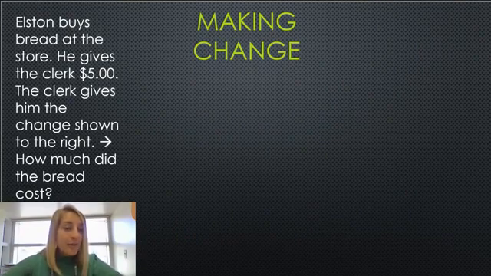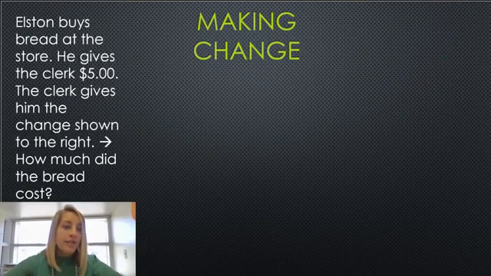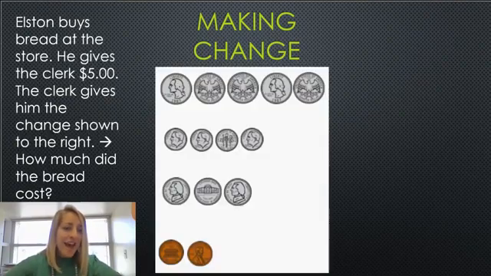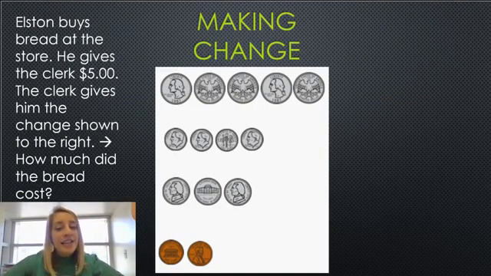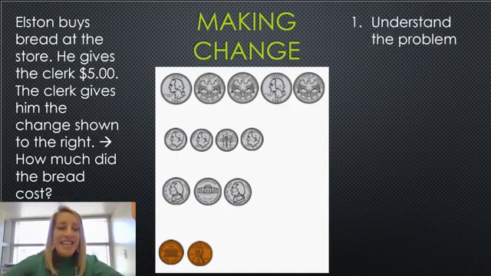Elston buys bread at the store. He gives the clerk $5. The clerk gives him the change shown to the right. How much did the bread cost? The clerk is the cashier at the store. So I need to understand the problem. He gave the clerk $5.